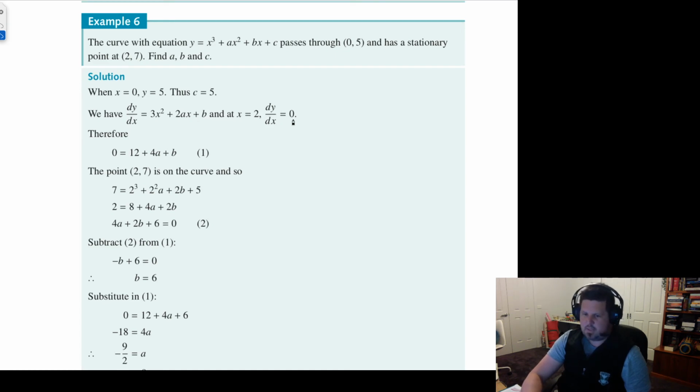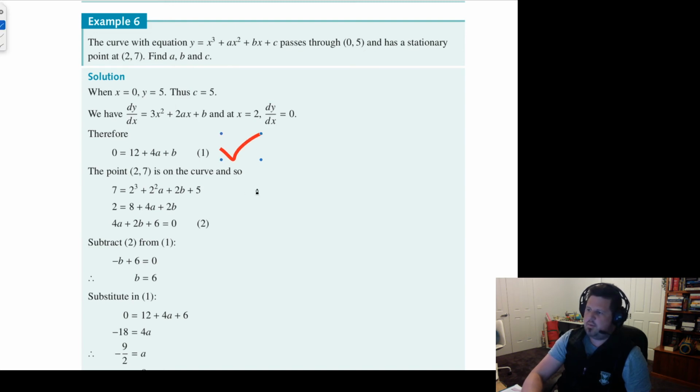When x equals 2, if you substitute that into the derivative here, you end up with 12 plus 4a plus b, and that is equal to 0. So that's the first equation we can get based on the fact that there is a stationary point at 2.